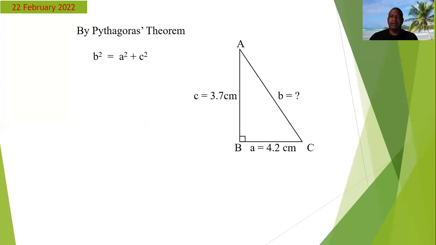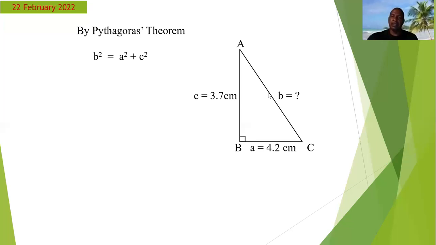Once you have written the formula in the correct order, and note students, that is very important, if you use the wrong sides to start the formula, you're going to get it wrong. So make sure that your hypotenuse is the side that you use to start the formula.